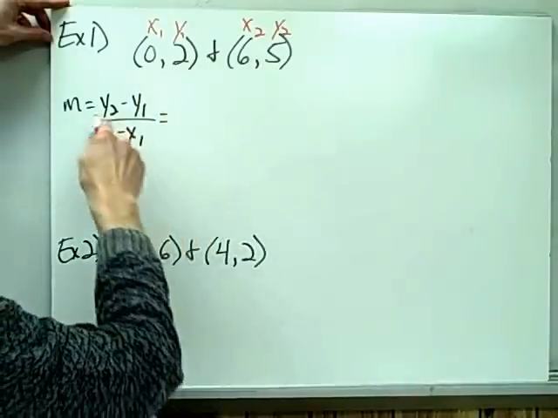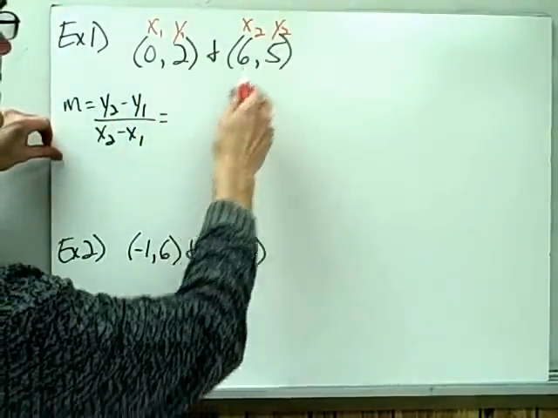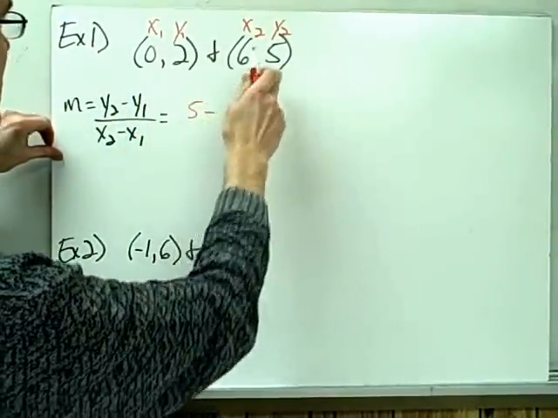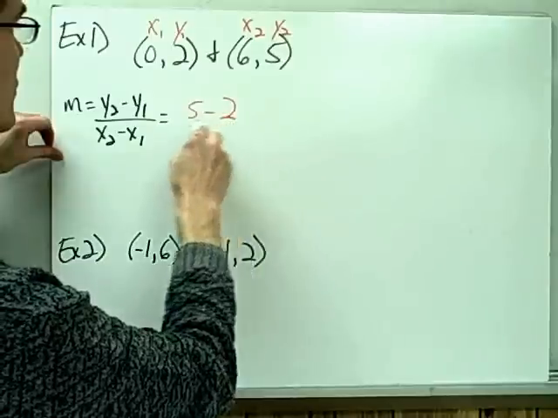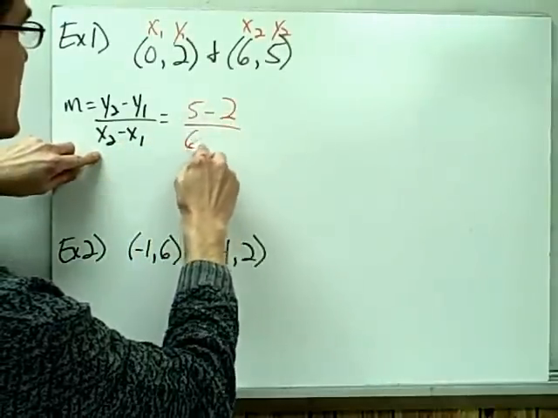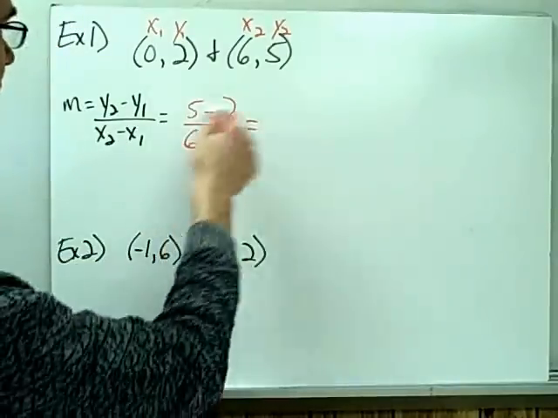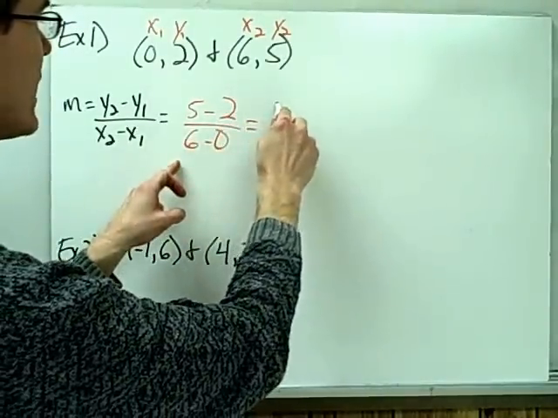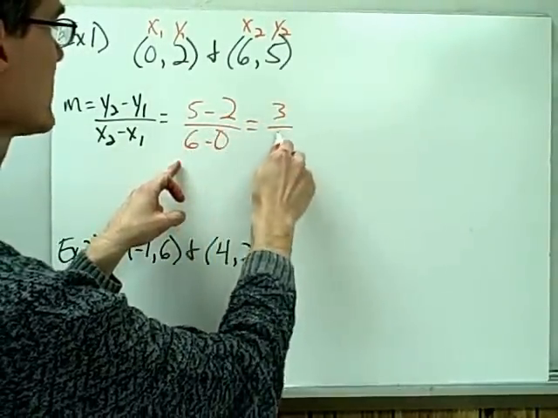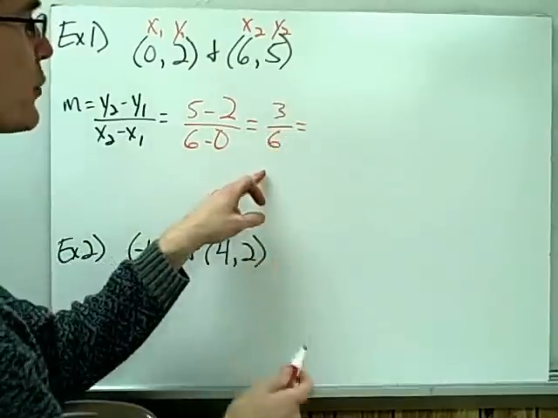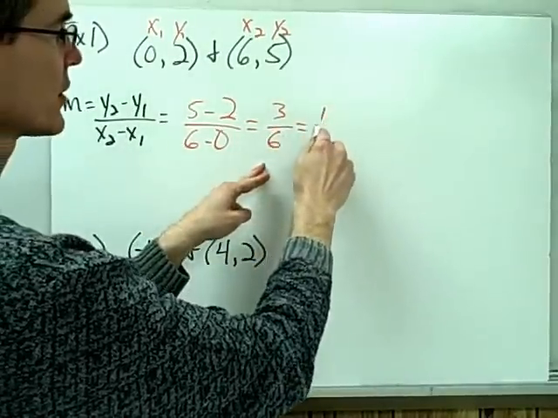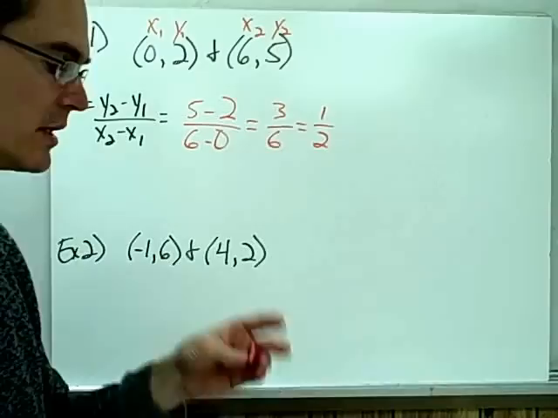Now I just need to plug in my numbers. So y2 minus y1, let's see, y2 is 5, y1 is 2, x2 is 6, and x1 is 0. So I plug those numbers in and I do a little arithmetic. 5 minus 2 is 3, 6 minus 0 is 6. So I have 3 over 6, and if I reduce that to lowest terms, then I get the slope is 1/2.